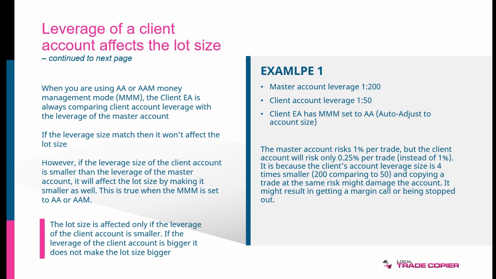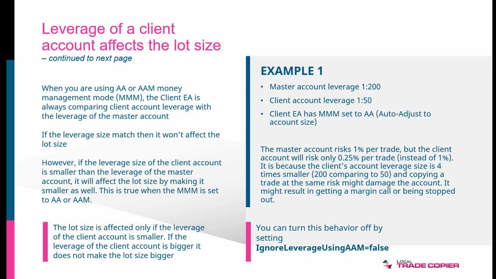It is because the client's account leverage is 4 times smaller, comparing 200 leverage to 50. And copying a trade at the same risk might damage the account. It might result in getting a margin call or being stopped out. So we don't want to do that.